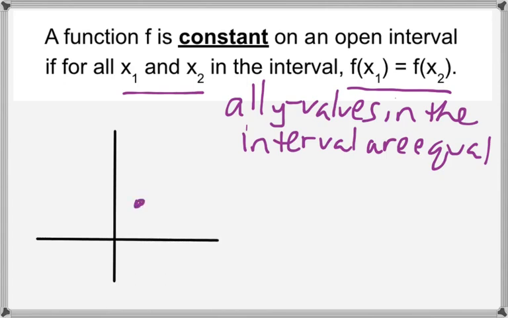So if all of the points in the interval have the same y value, that's going to look something like this. So it's going to be part of a horizontal line.